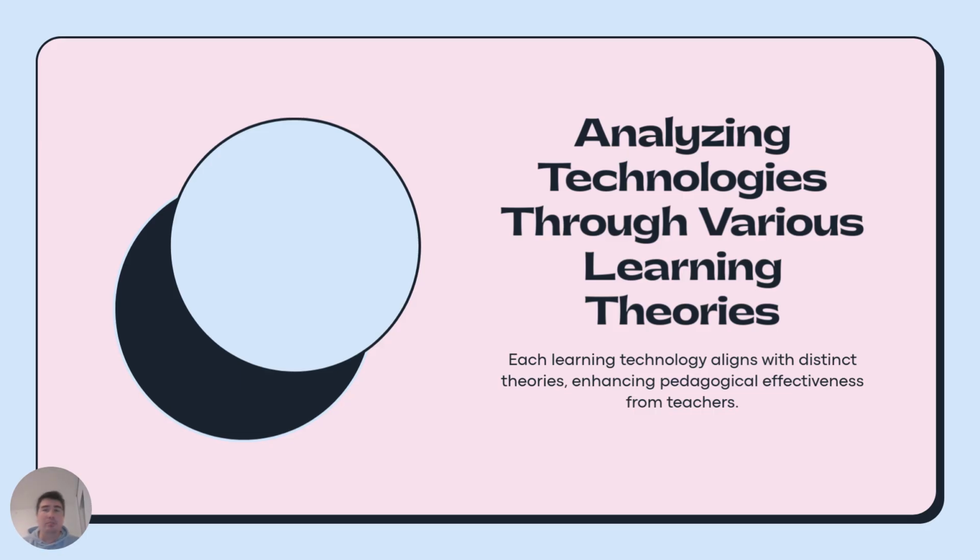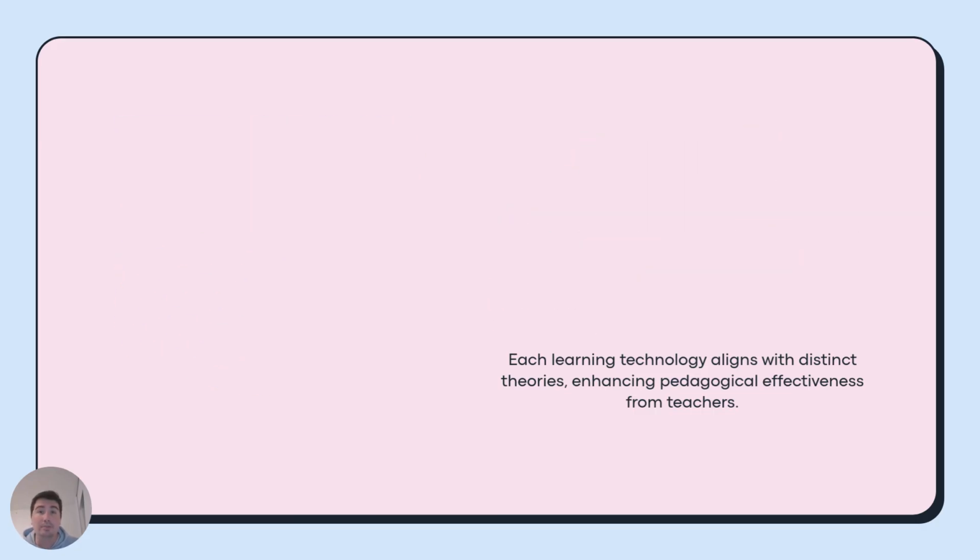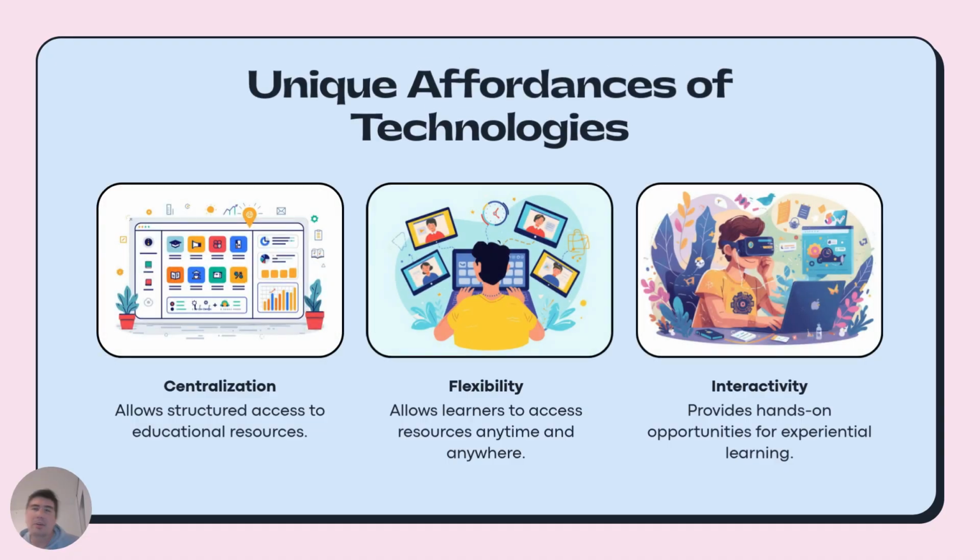And this kind of immersion supports learning theories focused on active engagement and skill application. So, by being able to understand these alignments, educators can tailor their instruction to better meet the needs of diverse learners.